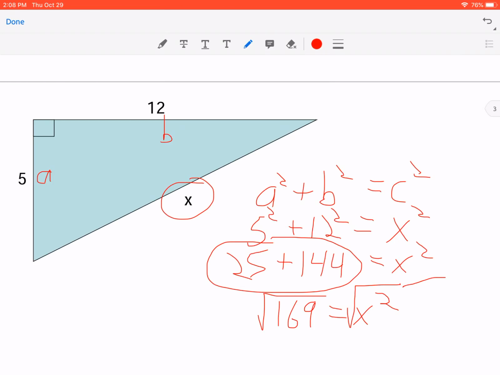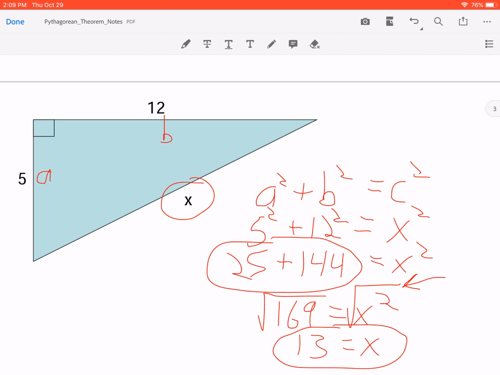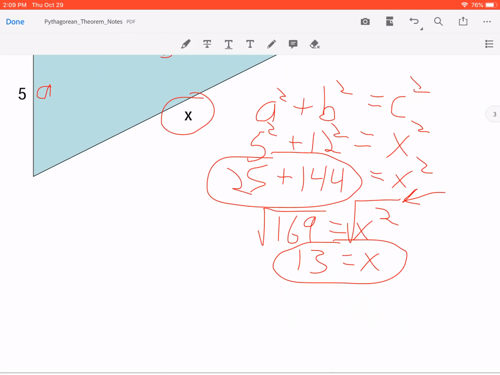A square root cancels a square, so all that's left is x. And on your calculator, the square root of 169 is a perfect square. It's actually equal to 13. Now that doesn't always mean you're going to get a perfect square, but sometimes you will. If you don't, we're probably just going to take it to 1 or 2 decimal places. I'll usually tell you on a test or a quiz how many places to take it.